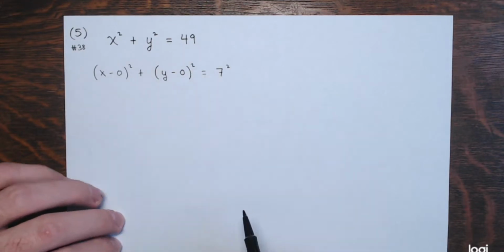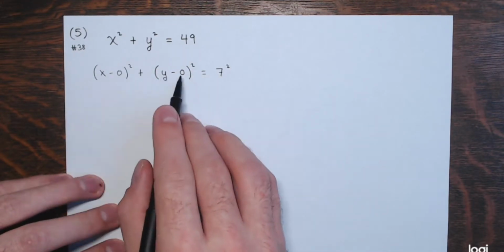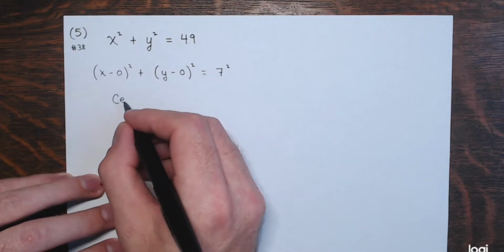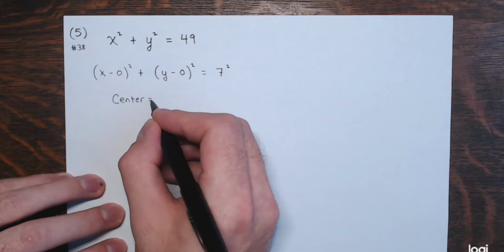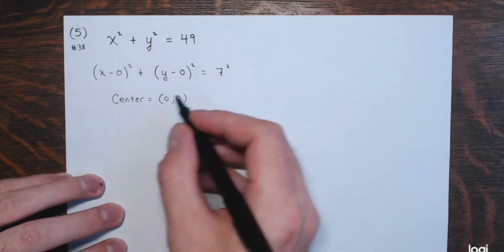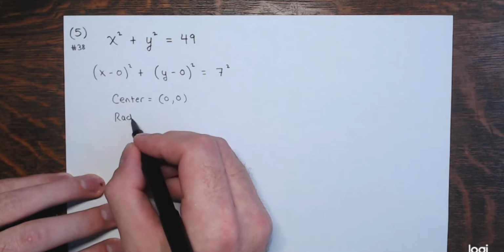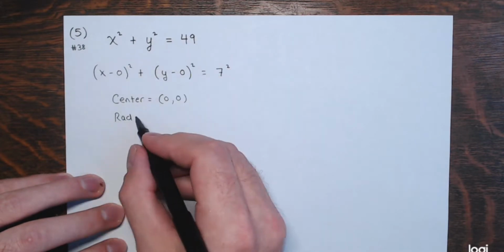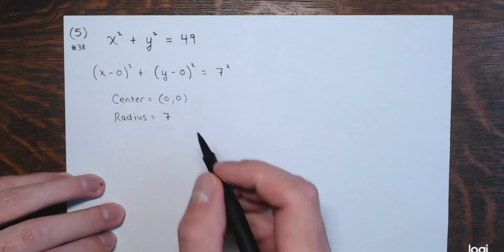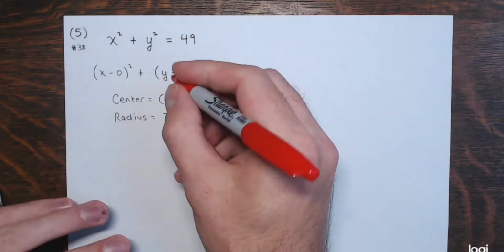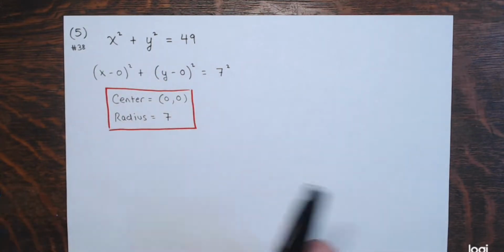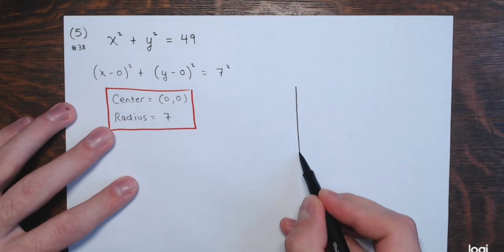So clearly the center has an x coordinate of 0 and a y coordinate of 0. The center is the origin, 0, 0. And then the radius is the square root of 49, which is 7. So center, 0, 0. Radius, 7. Pretty easy to draw this one.